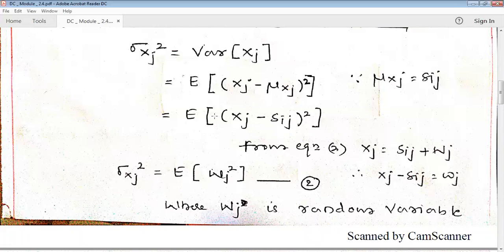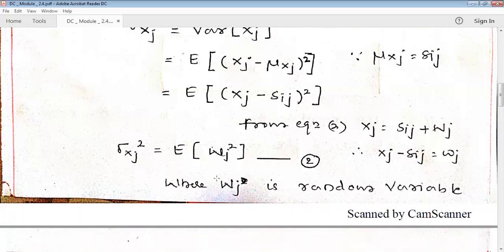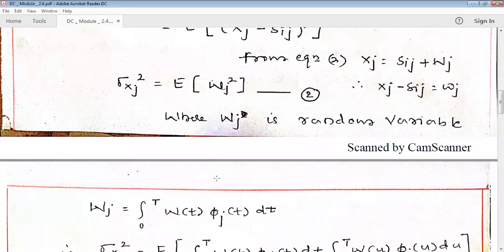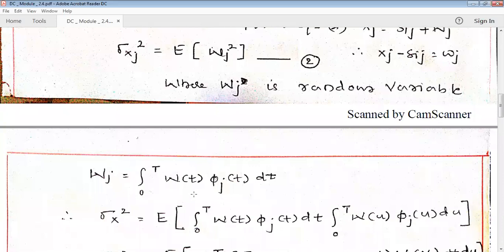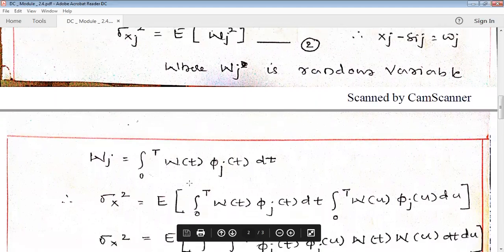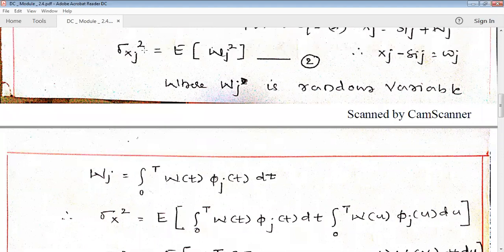So this can be rewritten in the next step as the expectation of Wj square. And this Wj is the output of the jth correlator when the input is the random process W of t, and mathematically it is given by the integration from 0 to T of W of t phi j of t dt. Since sigma Xj square is equal to the expectation of Wj square, it can be written as the expectation of Wj into Wj.